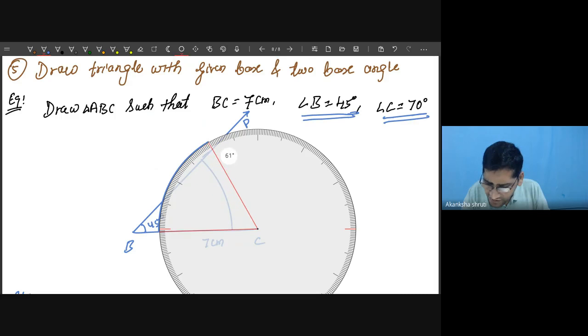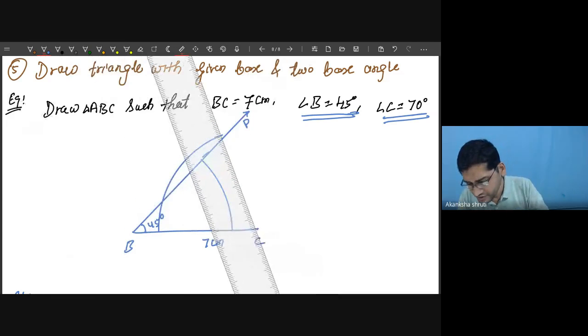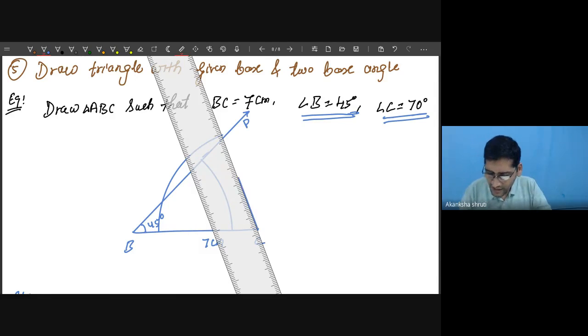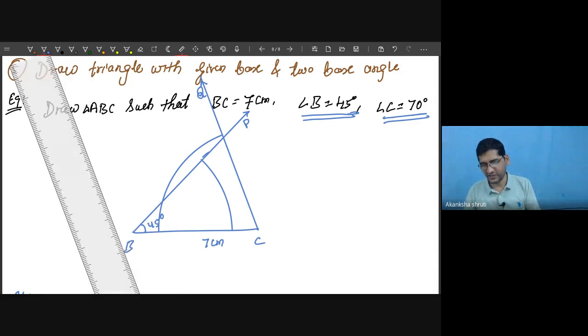Be careful. Here we are observing that it is our 70 degree. Now you have to join. So students, now you have to draw the ray. This ray is our CQ. This way, this 70 degree is drawn here.